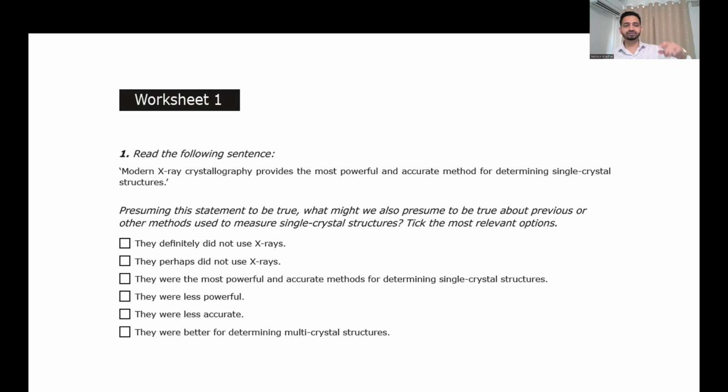So before reading the options, I'm going to read the statement here. Modern X-ray crystallography provides the most powerful and accurate method for determining single crystal structures. So we have been given a method, modern X-ray crystallography, which is the most powerful and accurate for determining single crystal structures.